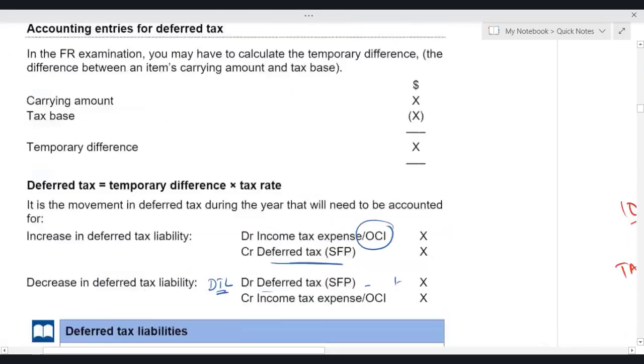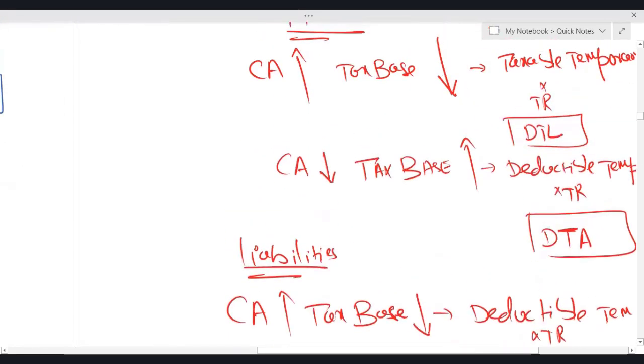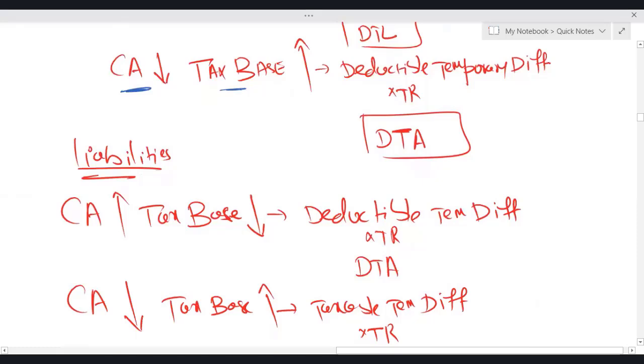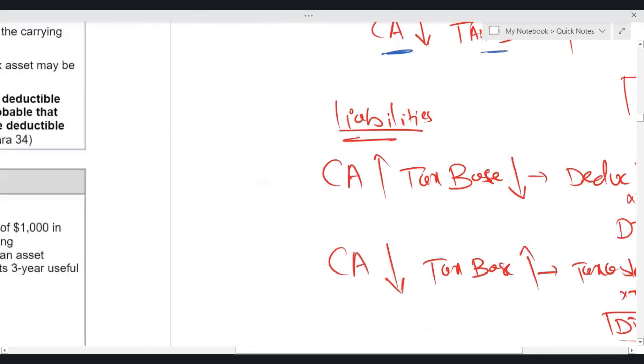Let me take you back here. Look at this. In case of assets, when carrying amount is less and tax base is more, there's a deductible difference, and a deductible difference actually results in a deferred tax asset. In case of liabilities, if carrying amount is more than the tax base, then the difference is your deductible temporary difference.